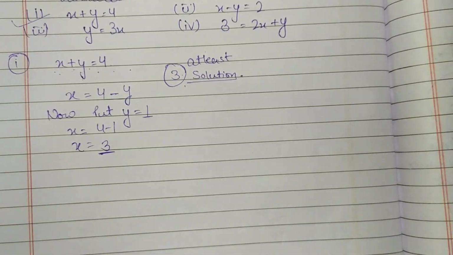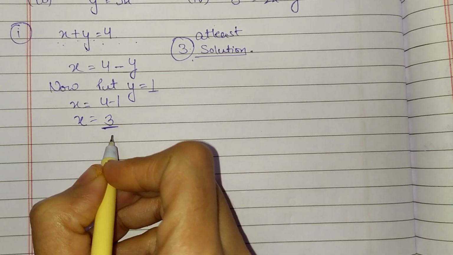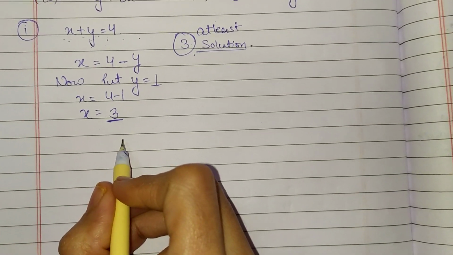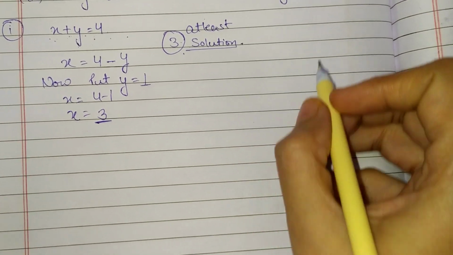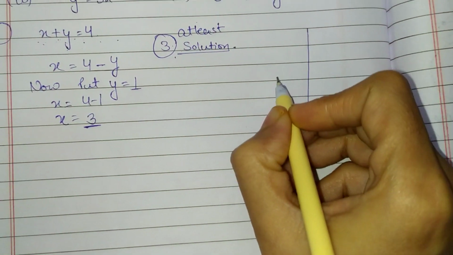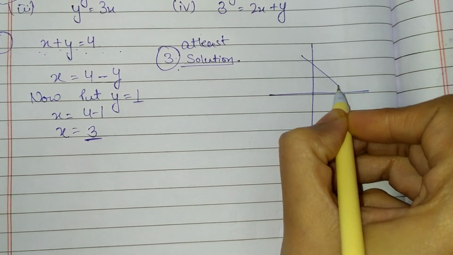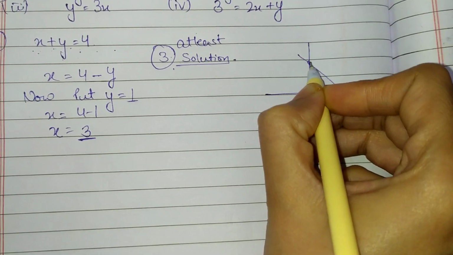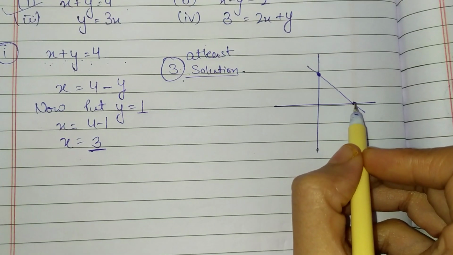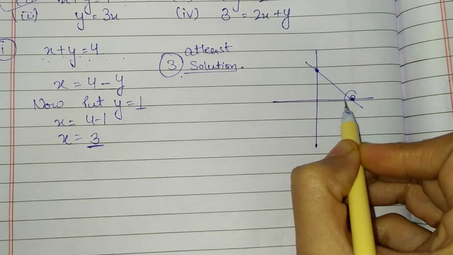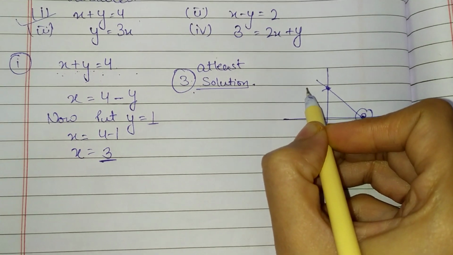So now see, the second is we have to put x or y as 0. Why? Because when we draw the graph, we have to find the point of intersection of the given linear equation x plus y is equal to 4. So for this we have to put once x is 0 or once y is 0.